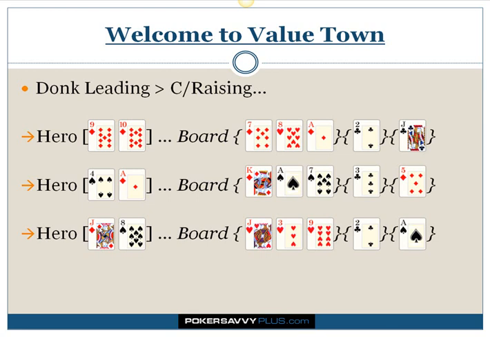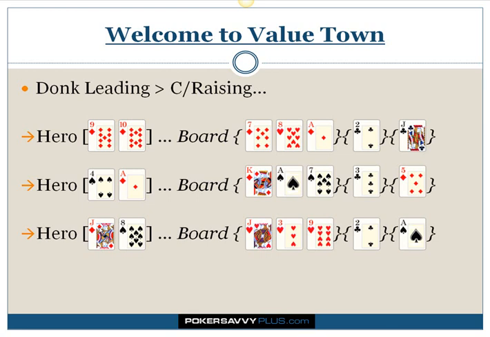So we're going to be able to play relatively safely on later streets by just donk leading, rather than giving our opponent control of the pot and letting them control how many chips go into this pot and having no real idea where we stand at certain points in time. If we donk lead and get raised on this board, we can pretty safely call it and then start reevaluating based on later streets as well.